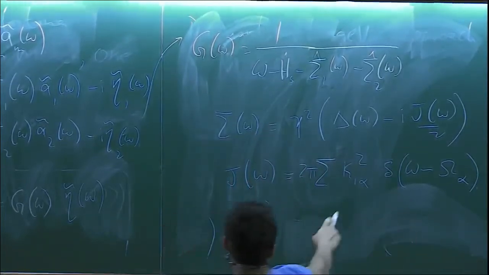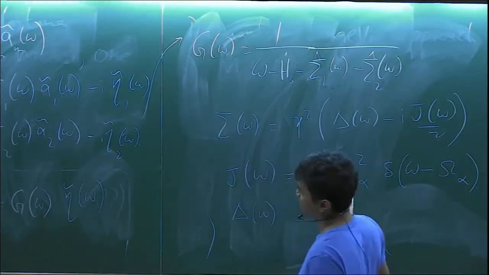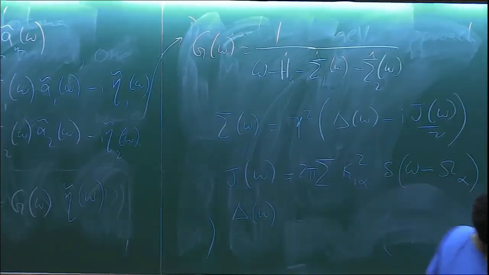Okay, so now what are these K, kappa 1 alpha and omega alpha? When I wrote the system bath interaction, this was my system bath interaction. For the bath I can go to the eigenbasis of the bath.